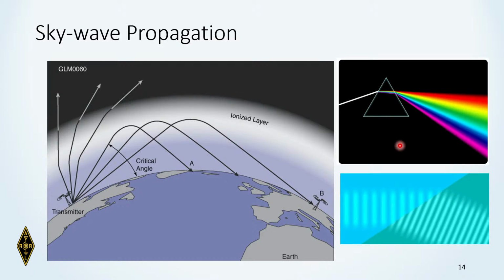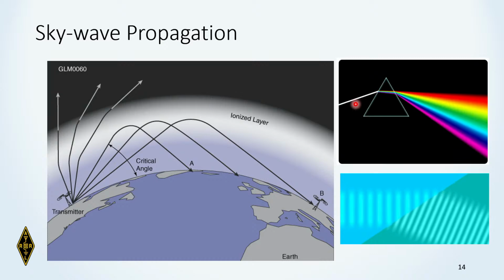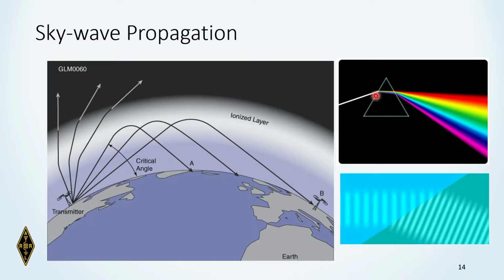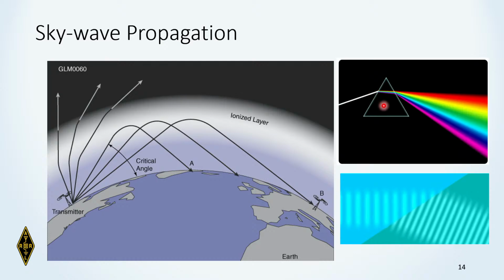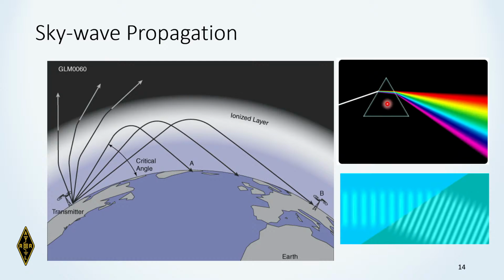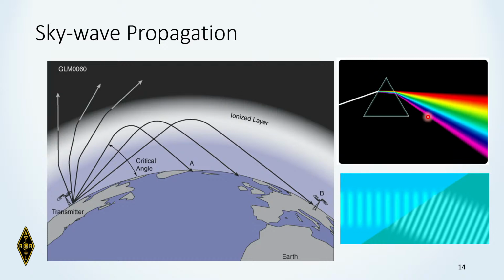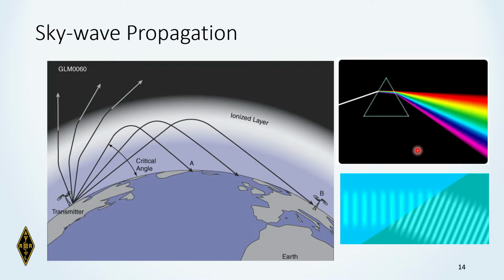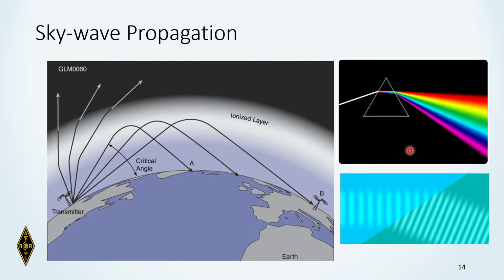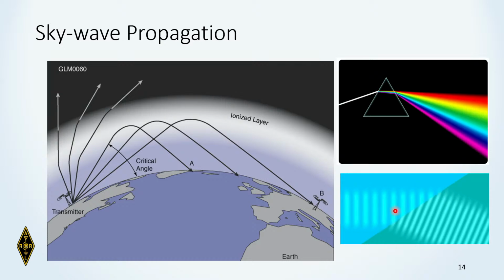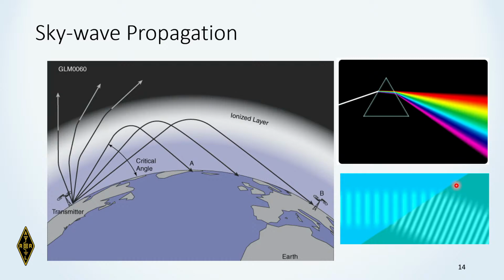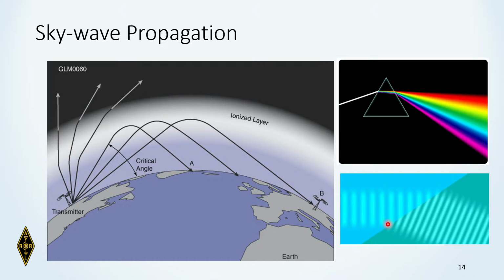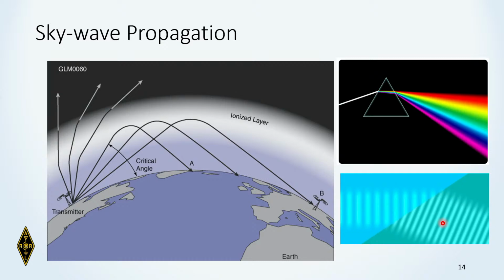What's happening in the case of light is that as the light impinges on a denser part of the prism, meaning thicker, it will separate those light frequencies out. We get a bending effect. With radio waves, we've got a radio wave impinging upon a change in the ionosphere, which causes the bending.